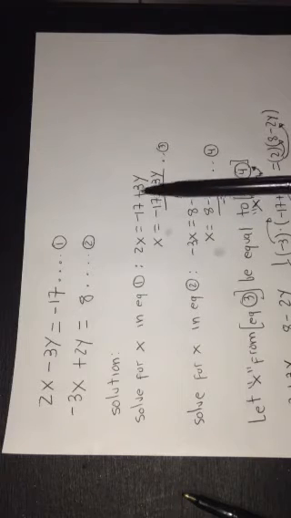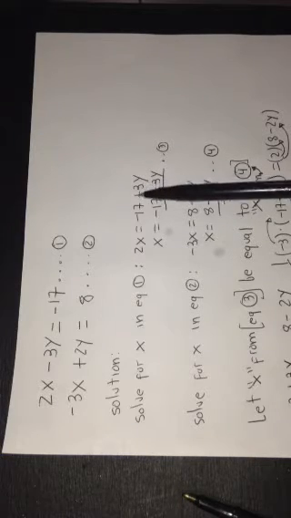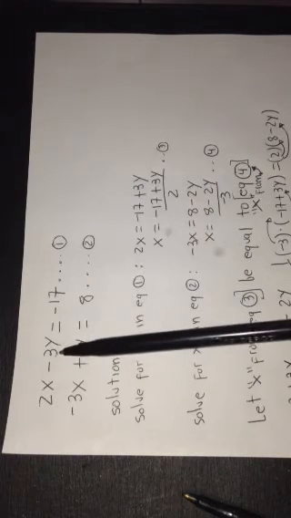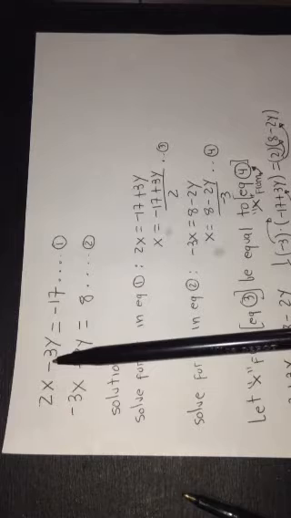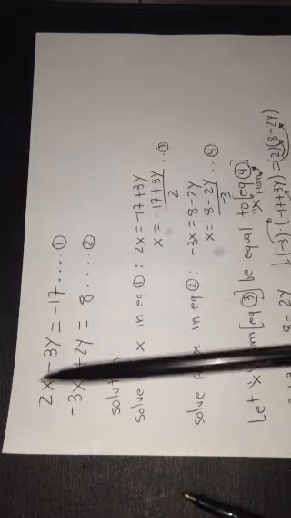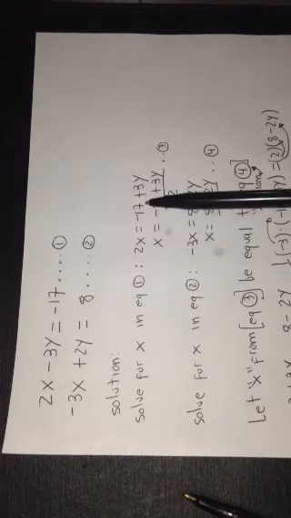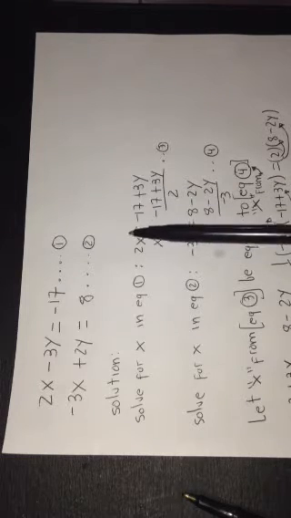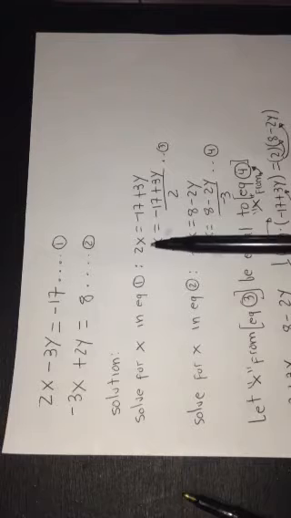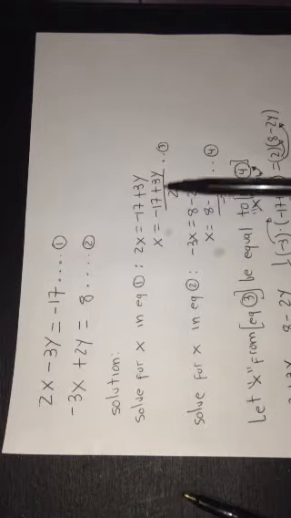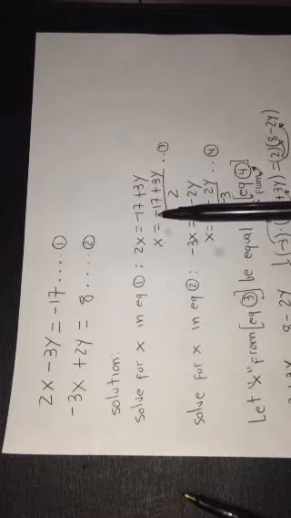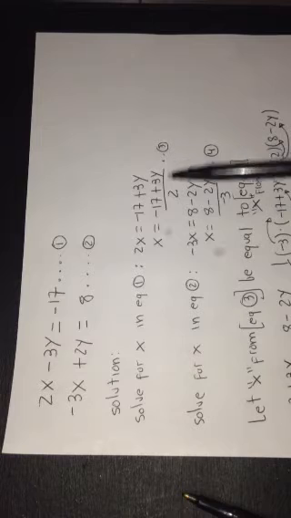And notice that this is positive right here because this term was on the left hand side with a negative sign, a minus sign in front. So when you bring it to the right hand side, it becomes positive. This 2 is multiplying the x, so you bring it downstairs, dividing the whole expression on top. In this case, 2 is going to divide the whole expression, negative 17 plus 3y. And this is going to be my equation number 3.